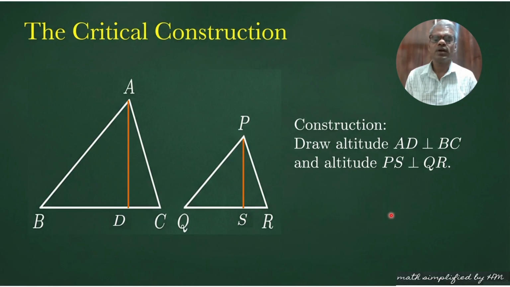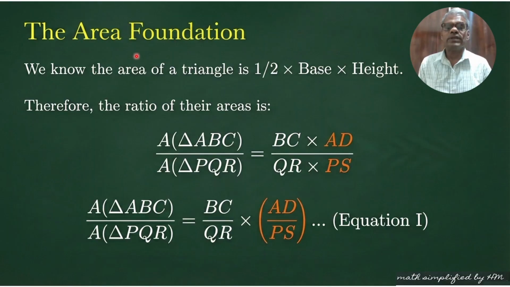To prove this, we need a simple but critical construction. Draw altitude AD perpendicular to BC and altitude PS perpendicular to QR. Now we will concentrate on these two figures. The area foundation: we know the area of a triangle is 1/2 into base into height.